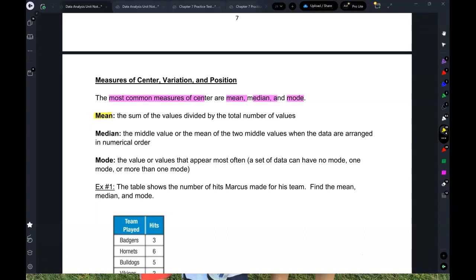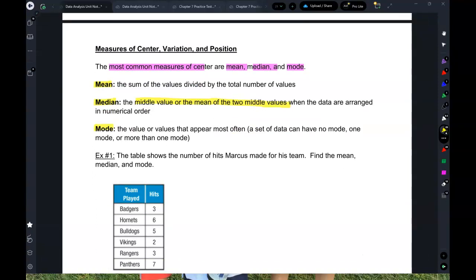The median is literally smack in the middle of the data set. When you have your data set sorted in increasing order, exactly the middle point of the data is called the median. It's the middle value, or it's the mean of the two middle values.